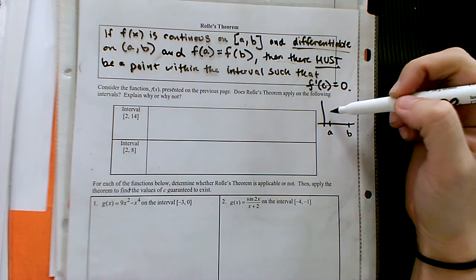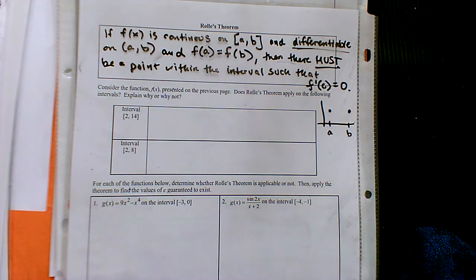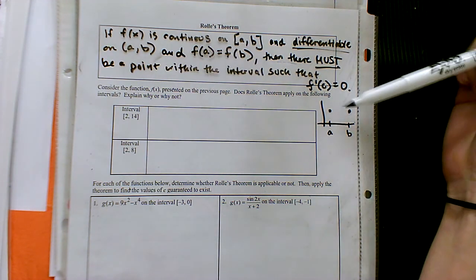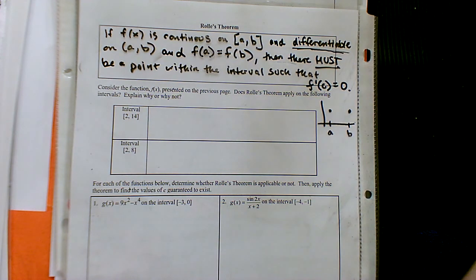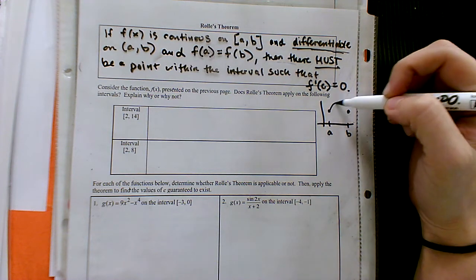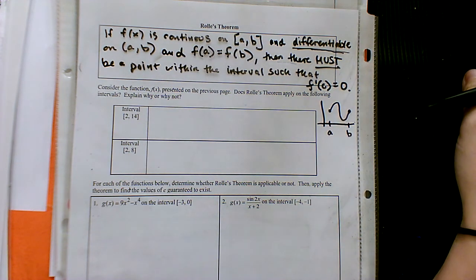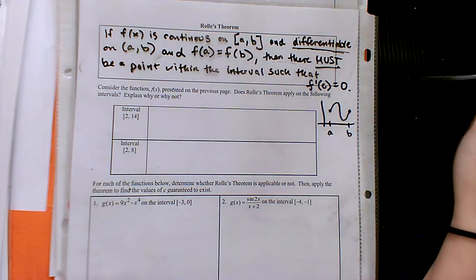F of A equals F of B. So I'm just going to put a closed dot here and a closed dot here. We also have to connect these dots in a differentiable fashion. So no holes, no jumps, no asymptotes, no sharp points, no vertical slopes. I don't care how you connect them. Maybe something like that. Do you have a horizontal slope between A and B somewhere?